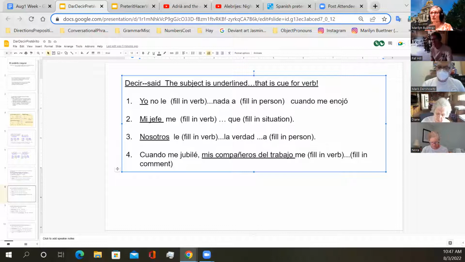And sometimes what we do in English is we just kick it into infinitive. He wants me to work. We kick it into infinitive. But in Spanish, they cannot kick that into infinitive because the working part isn't really part of what is happening in real time.